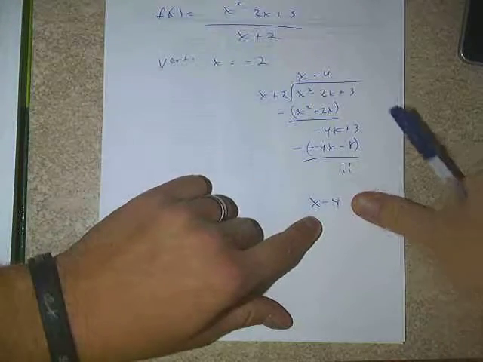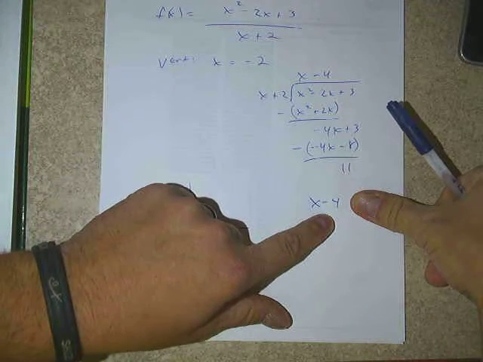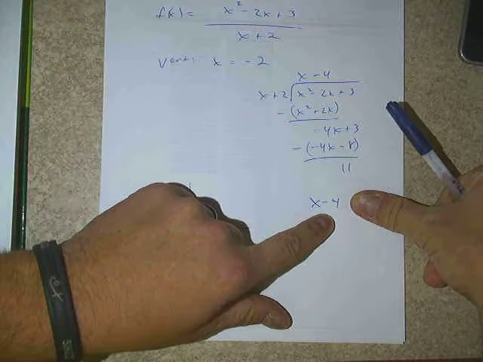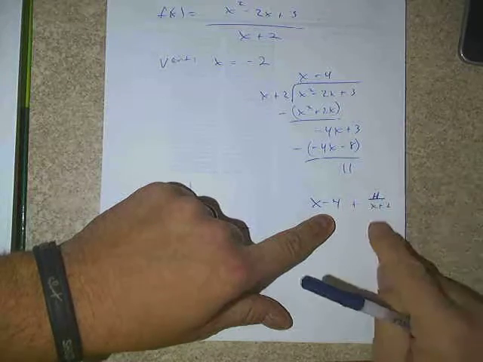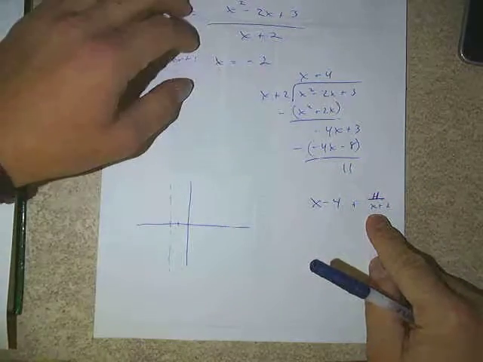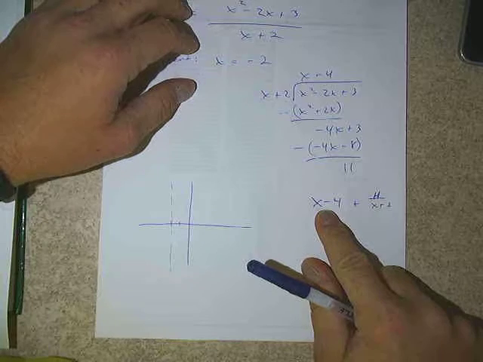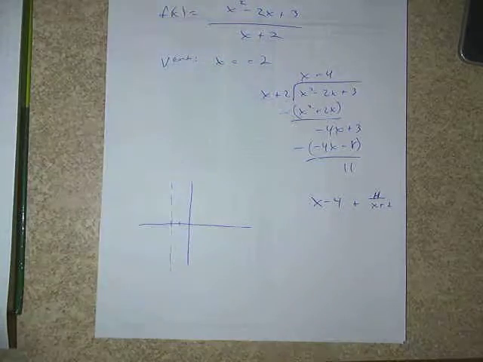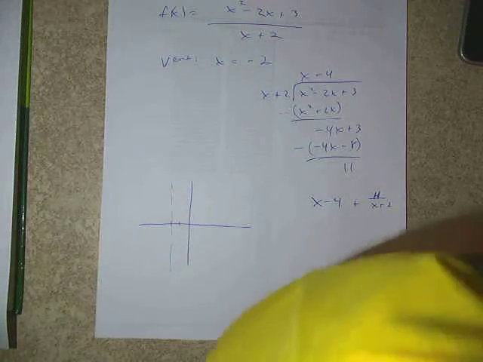So is it surprising then that this one is going to behave like the quotient at infinity? It's going to behave like the quotient at infinity because that part of it is really just 0. So it's going to behave like x minus 4.